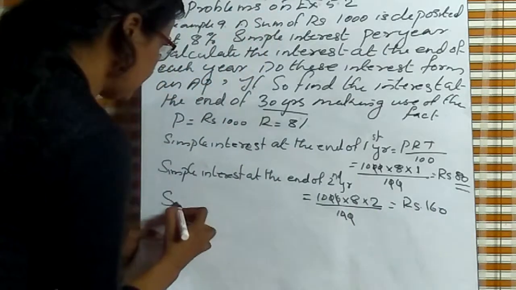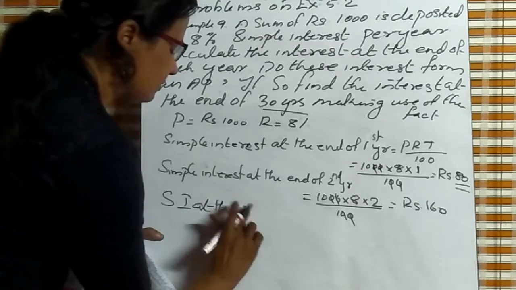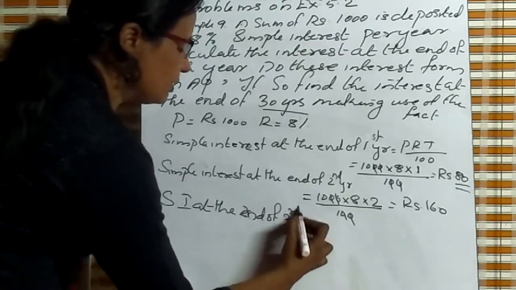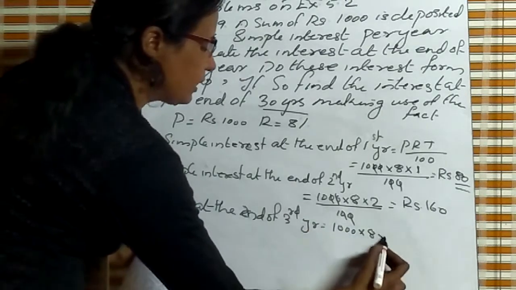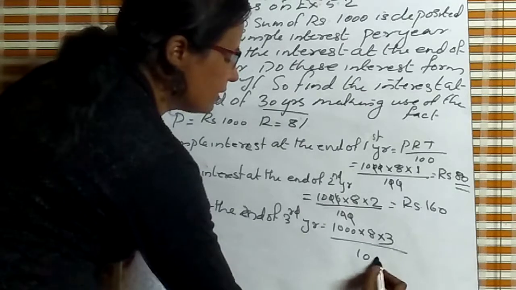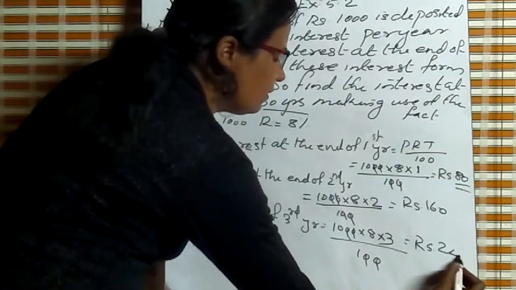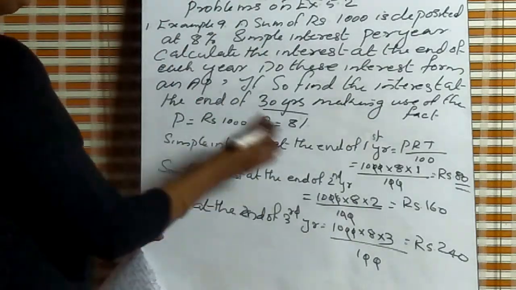Then simple interest at the end of third year is equal to 1000 into 8 into 3 by 100, is equal to rupees 240. These are the interests in the succeeding years.